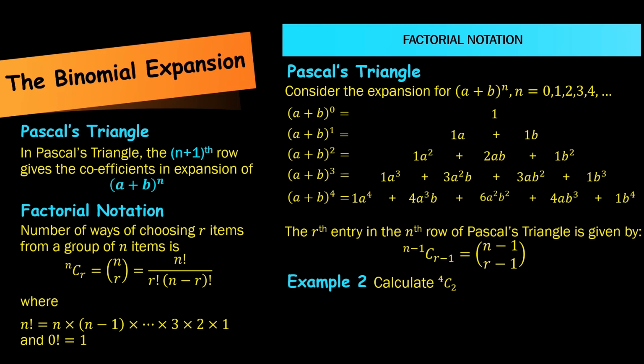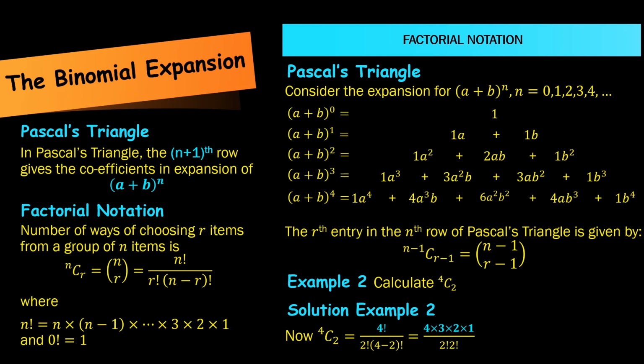calculate 4 choose 2. Plugging in the values n equals 4 and r equals 2 in the formula, we obtain 4 factorial over 2 factorial times 4 minus 2 factorial, as shown. This gives us 4 times 3 times 2 times 1 on the top, and 2 factorial times 2 factorial on the bottom.